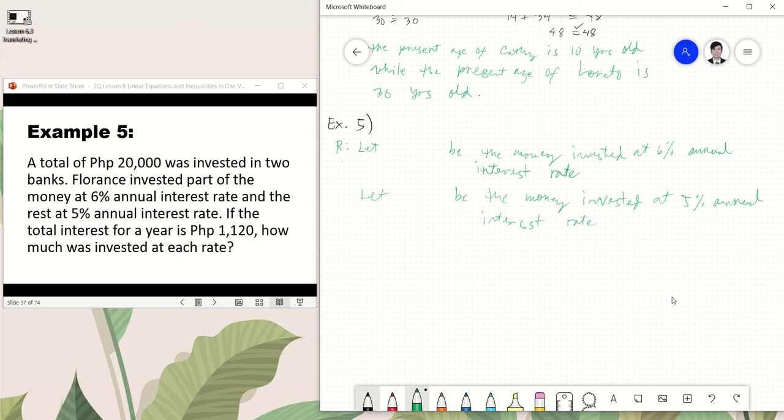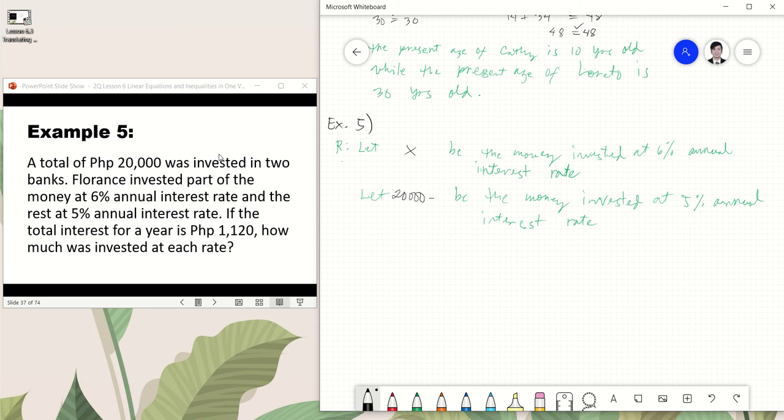Okay. So, ano yung magiging representation nito? So, of course, yung una, that would be our X. And the second one, since we know that this person invested 20,000 in total, so in other words, yung natitira from the 20,000, considering whatever amount is invested in the 6% annual interest rate na parang deal ng bank.